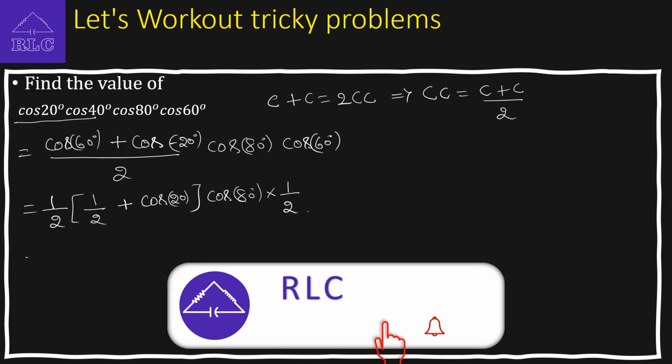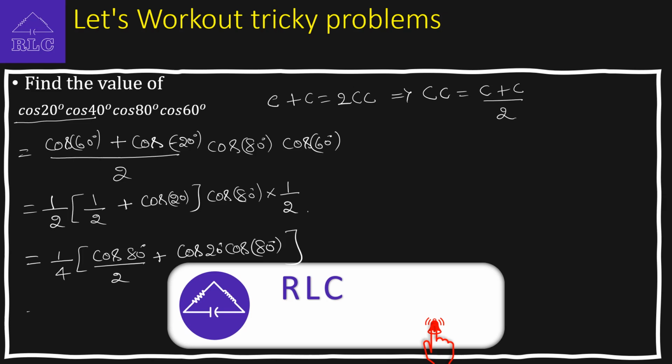Which is nothing but 1 by 4 into cos 80 degrees divided by 2 plus cos 20 degrees into cos 80 degrees.